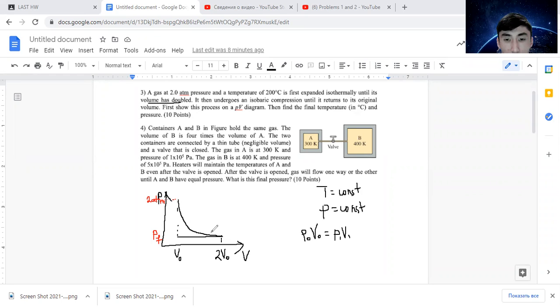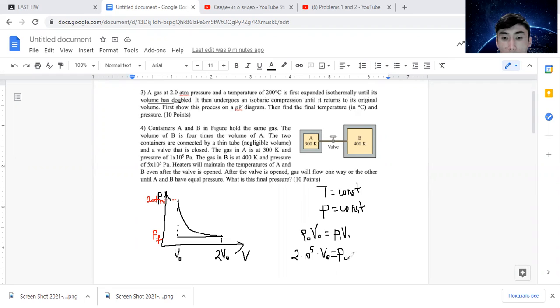Here, P0 equals 2 atmospheric, 2 times 10 to the power of 5. V0 is unknown, it's a number, but it will be cancelled. P1 is this value unknown that we need to find.